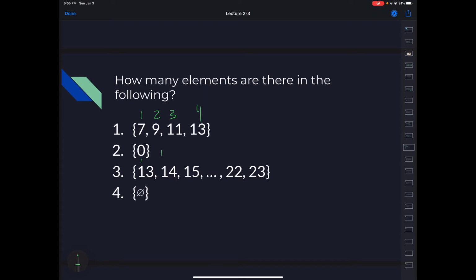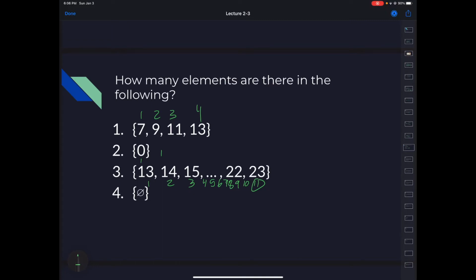Number 3, if you count them, we actually have 11 elements in number 3. If you were to write them out and mark them off, you would have 11 elements.